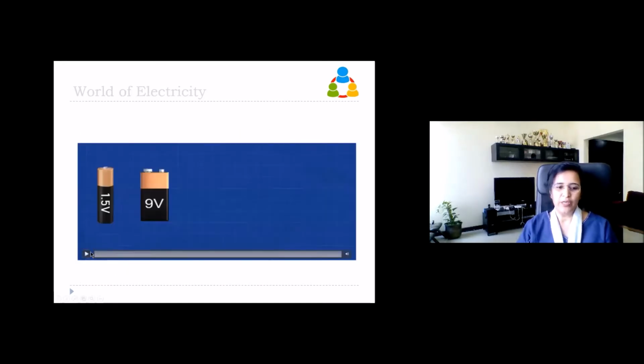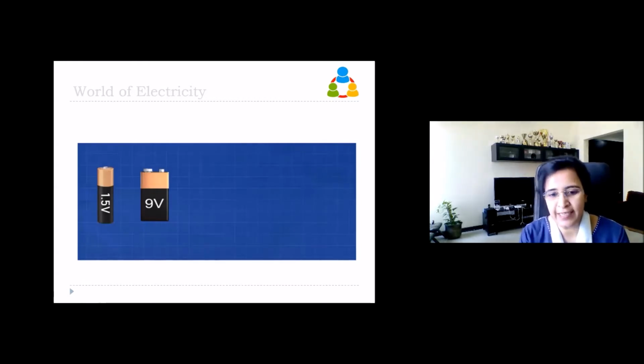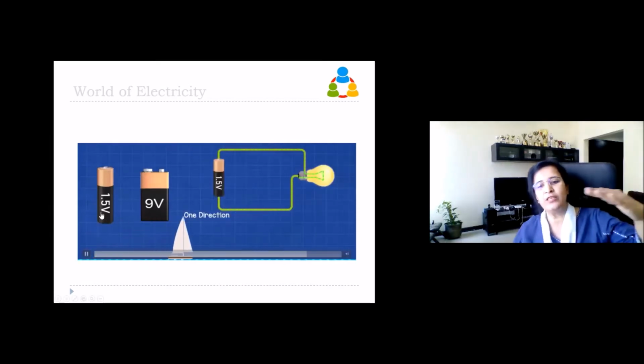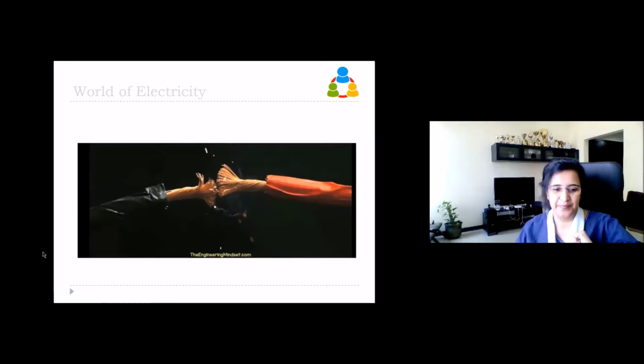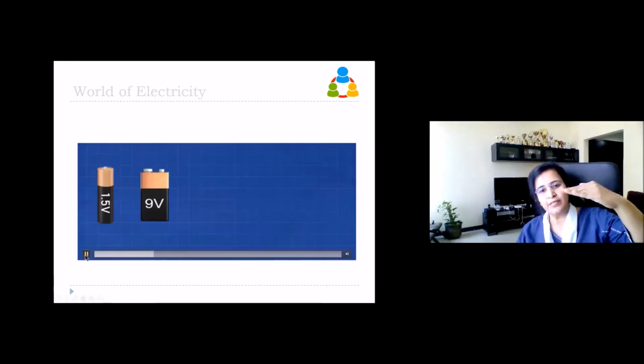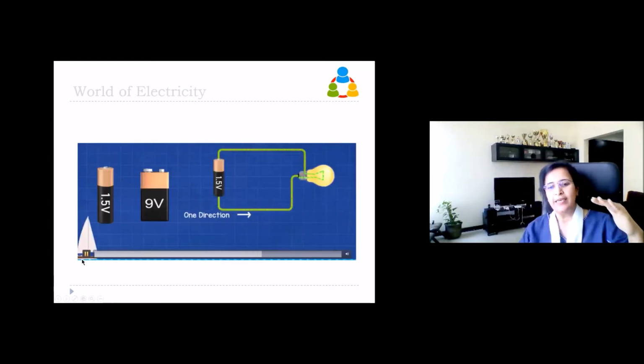Now, let's watch this video. In the direct current, you see, it is like a boat going in a straight line. I'll repeat once more. It is like the boat is traveling in a straight line. That's how you see it in the circuit, it is going in a straight line.